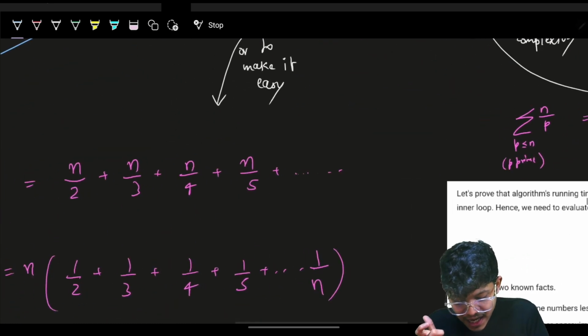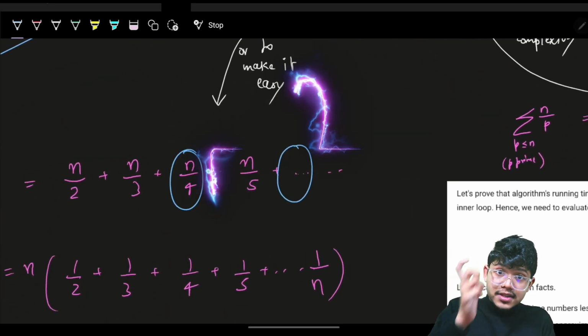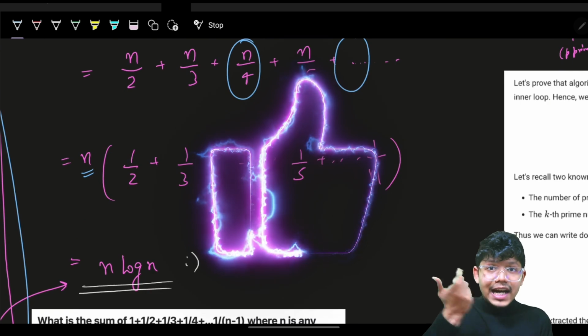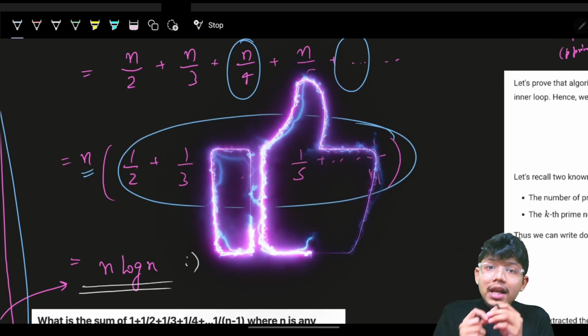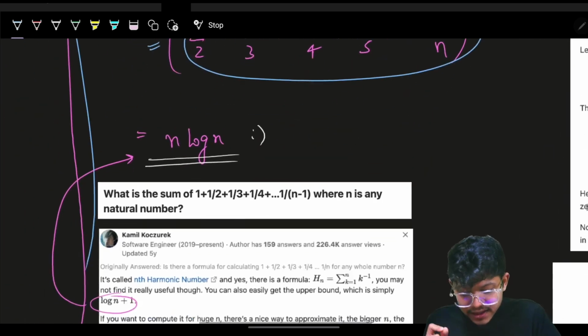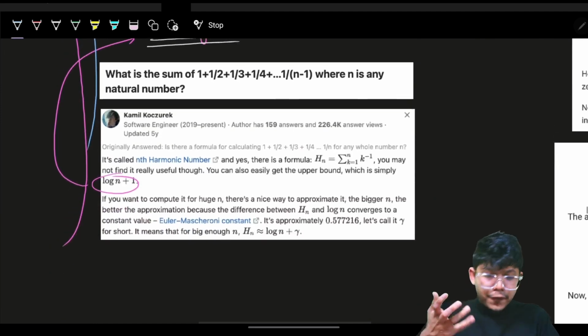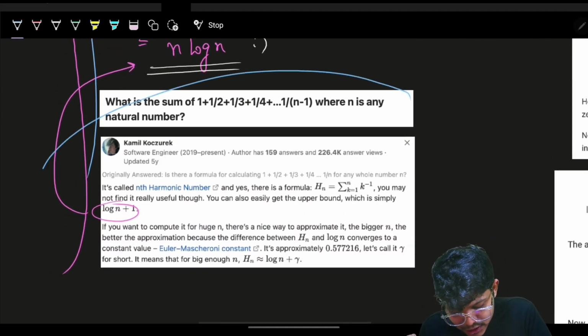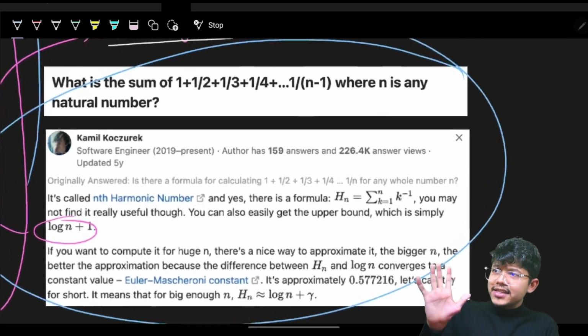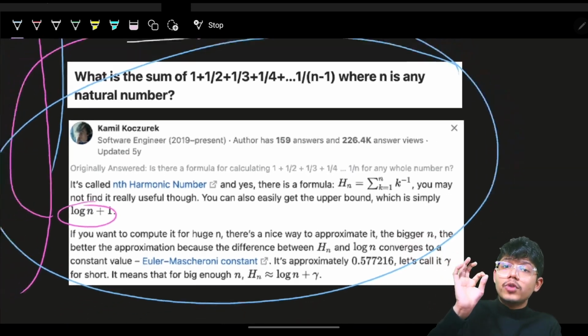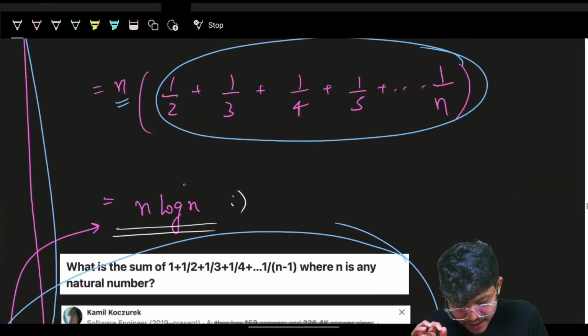If I just add these numbers right here, I can simply get my n out. It will become a simple harmonic progression. If you don't know what a harmonic progression is, please go and read this. I'll simply zoom it up. It's a simple harmonic progression, and the sum of that is log n.